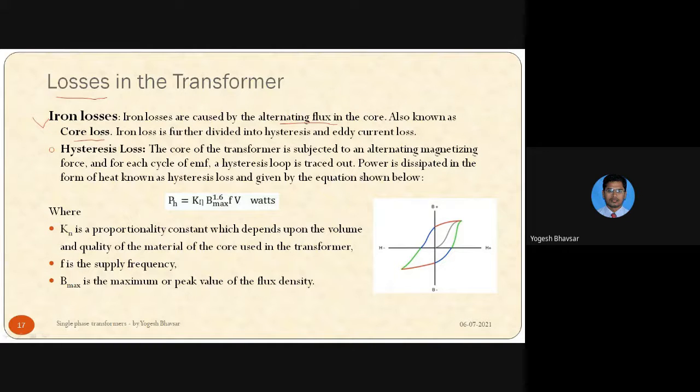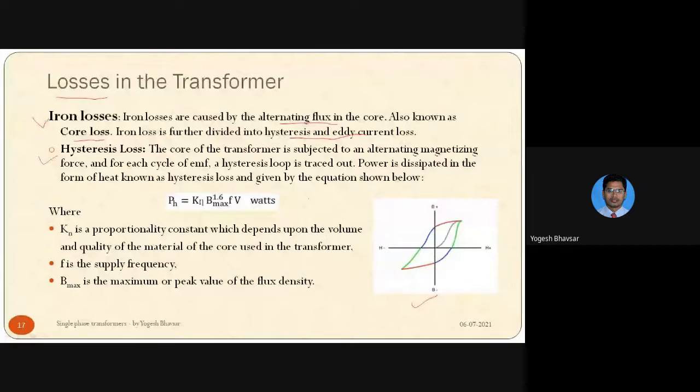Iron loss is further divided into two groups: hysteresis loss and eddy current loss. Now again let us see in detail what hysteresis loss and eddy current loss are. You know this curve, this is the hysteresis loop.